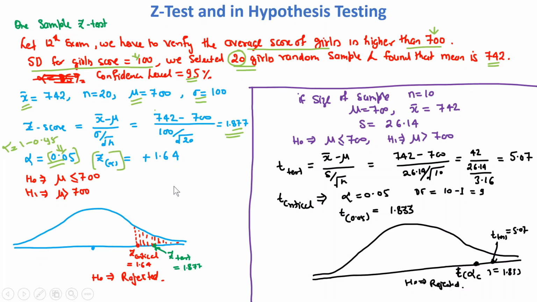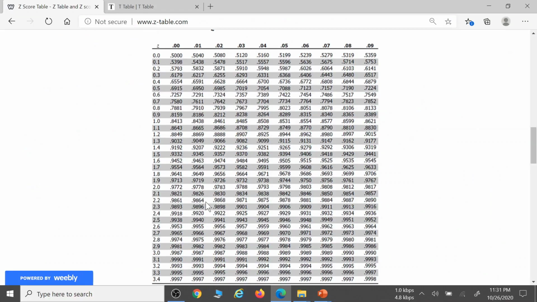So how will we calculate? We need to calculate the z value corresponding to 1 minus 0.05, which means 0.95.